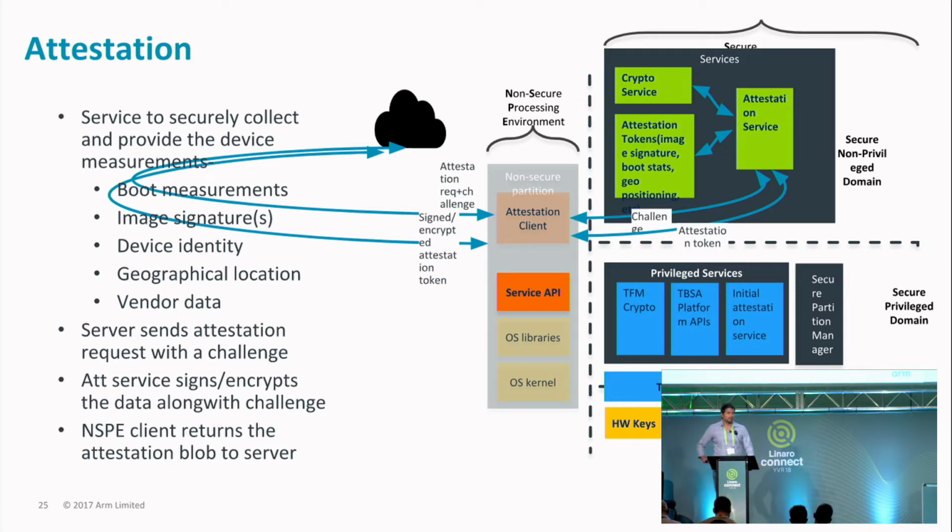This helps in assessing the device's sanity, what's running on the device, and whether it's compromised or not. And if the device is compromised, then this attestation data will tell the remote entity that something has gone wrong, so take some corrective actions. And that's for the remote entity to decide what to do next.